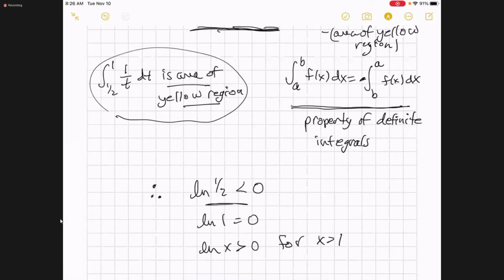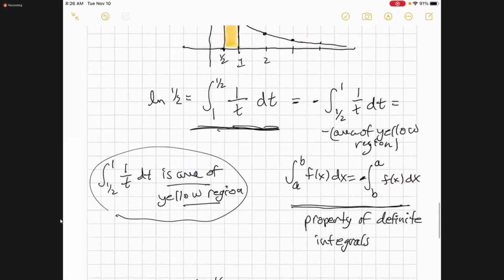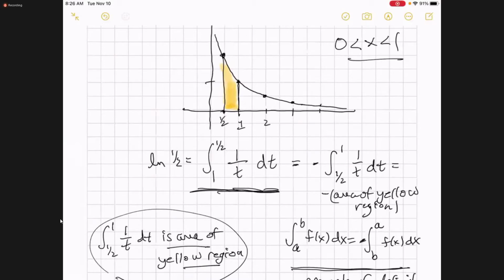Maybe it kind of makes sense that when you go to numbers that are between 0 and 1, ln of those numbers is negative. In fact, that's true. So if 0 is less than x is less than 1, let me do a more arbitrary one. Say I put x right there.